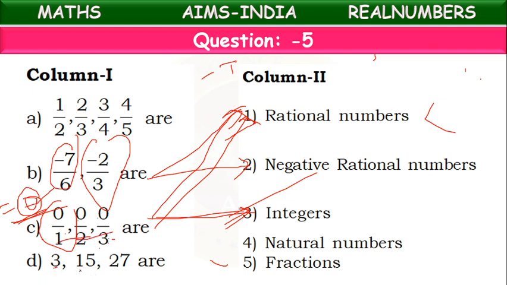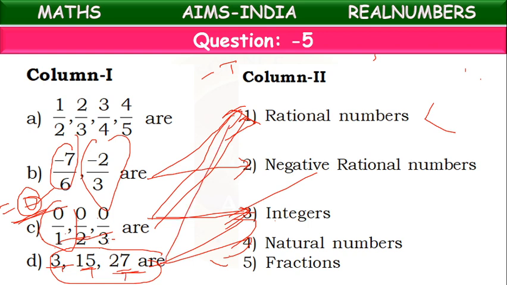Next: 3, 15, 27. They are integers and natural numbers. They can be written in the form of 3 by 1, 15 by 1, 27 by 1, so they are rational numbers. But they are not fractions.